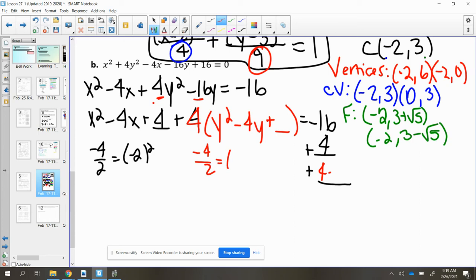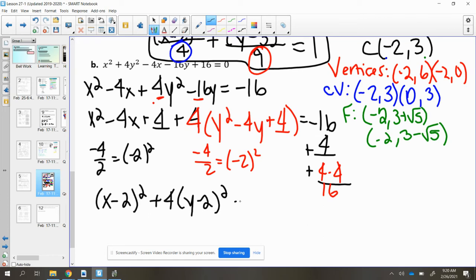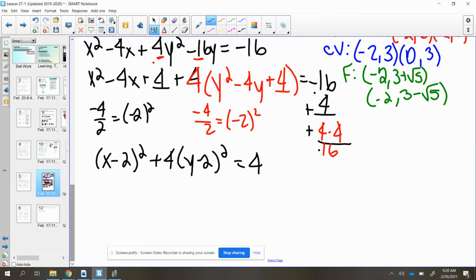Actually, you're adding, again, to the blank itself, a 4 again. But when we add to the other side, remember it's 4 times 4, aka 16 is really what's getting added to the right-hand side. So we end up with x minus 2 quantity squared plus 4 times y minus 2 quantity squared. -16 plus 16 is 0, so this all equals 4.